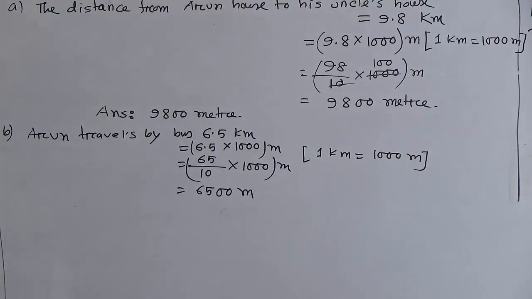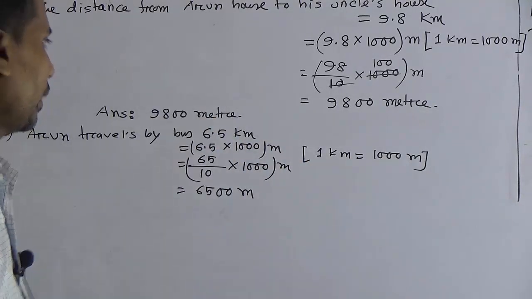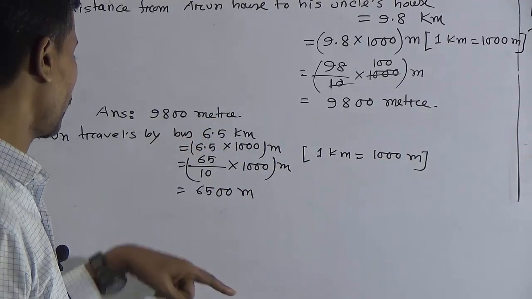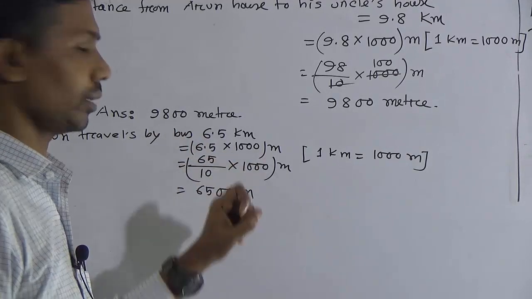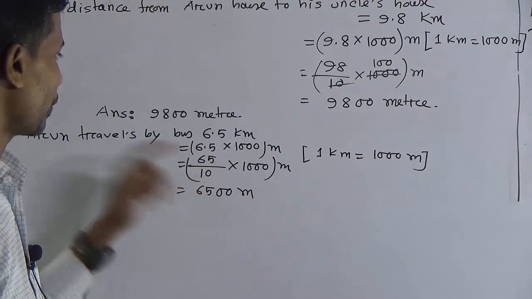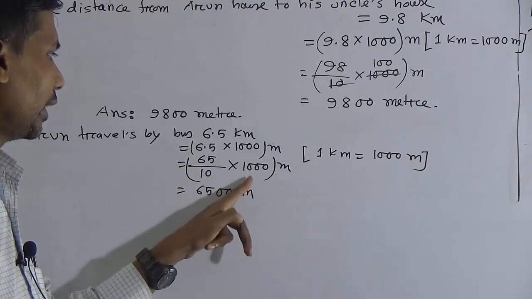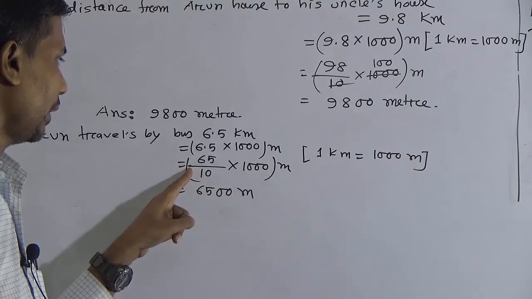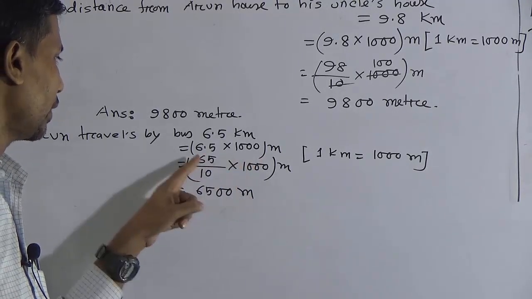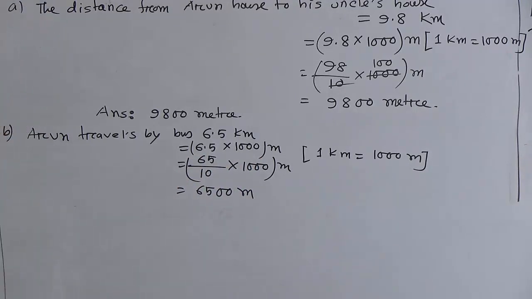Student look, 6.5 kilometer, we have to convert now kilometer to meter. We know 1 kilometer equal to 1000 meter, therefore 6.5 kilometer equal to 6.5 into 1000. Divide 1000 by 10. We get 100. 100 into 65 equal to 6500 meter.